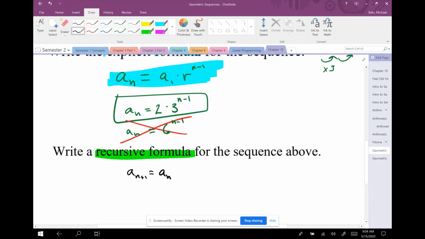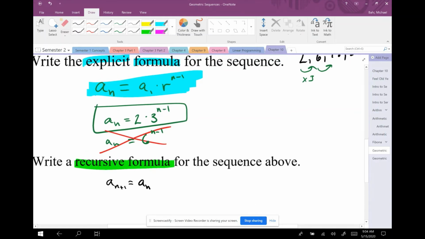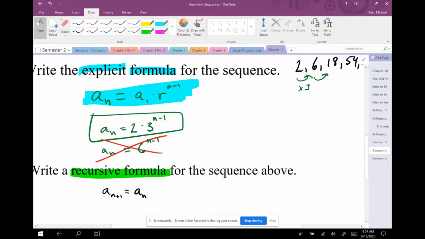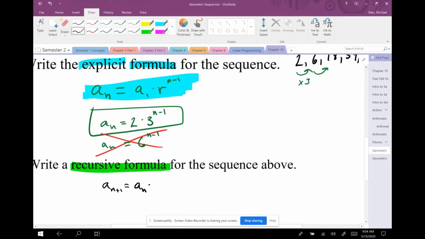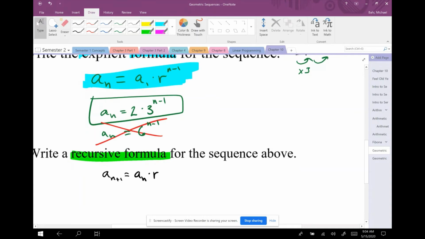So again, if I wanted to find the 100th term, I would take the 99th term. And what are we doing to every number? To find the next one, you just multiply by the common ratio. And you would just have to give, like a sub 1 would equal whatever. Okay? This is the recursive formula for any geometric sequence.